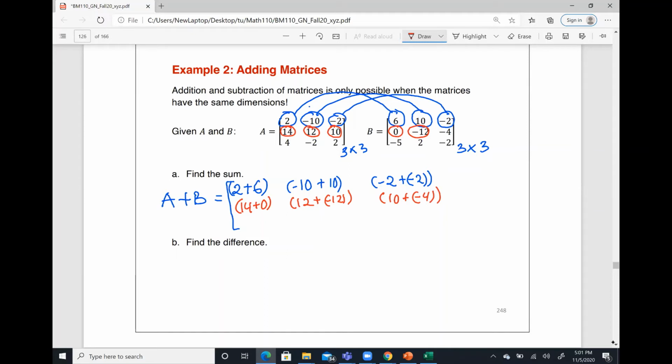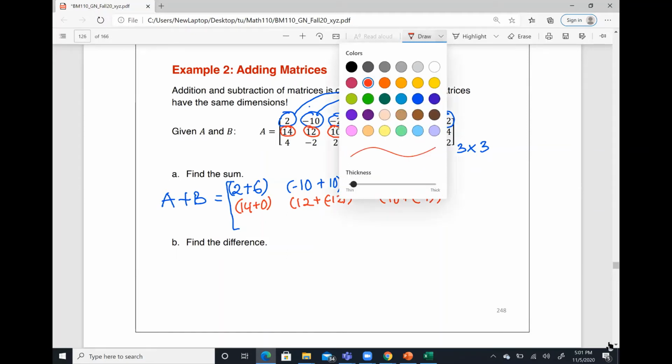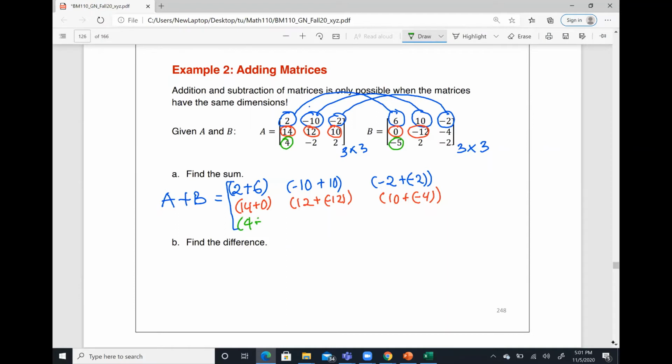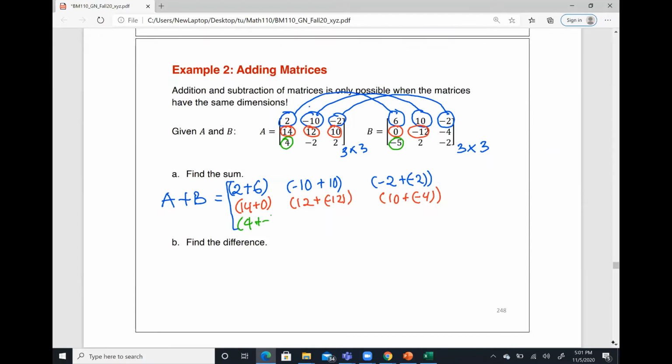Now for the last row, 4 plus negative 5. Then negative 2 plus 2. And then 2 plus negative 2.